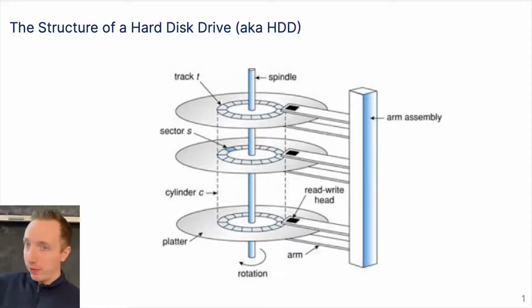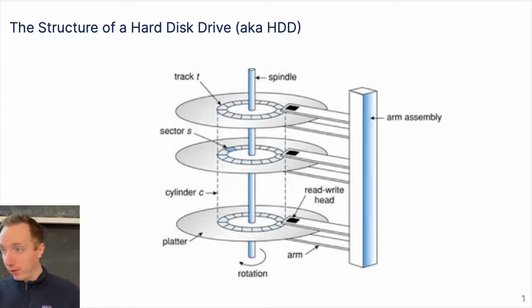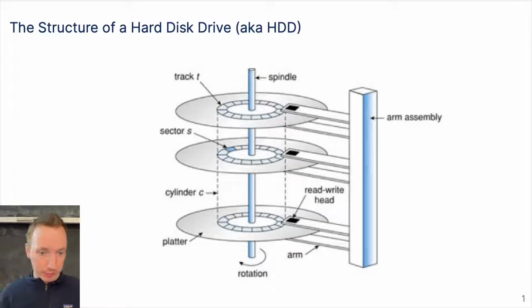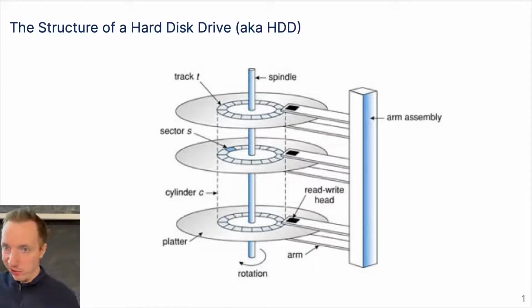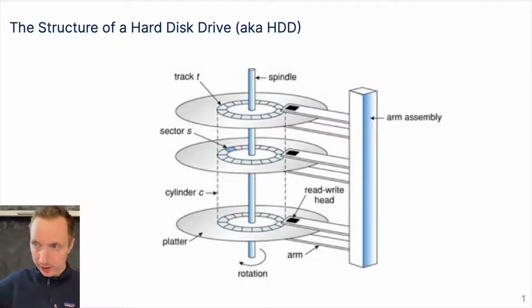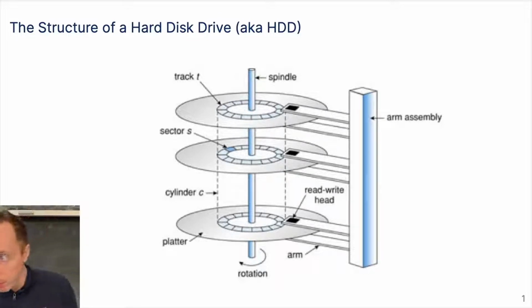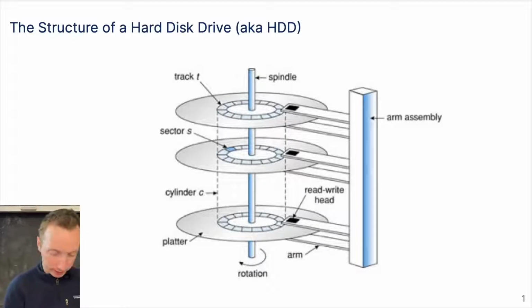And then within a track, there'll be different sectors, and then each of those will be of size, say a block or something like that. So there'll be a set size. So you'll be addressing things in sectors, which will be a set size, usually 4 kilobytes, and multiple sectors live on a track, and then there are multiple tracks across all the cylinders representing all the platters of the disk. So that's kind of what it looks like.